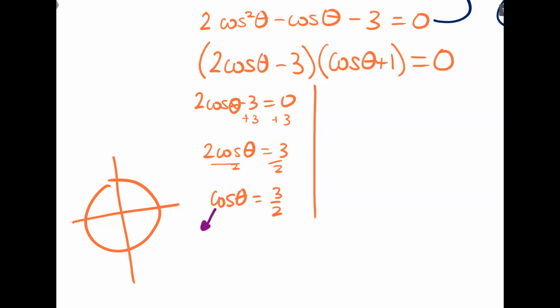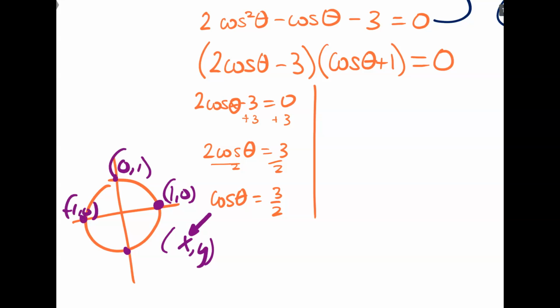Cosine is literally the x of our xy coordinate. I know this is 1, 0, 0, 1, -1, 0, 0, -1. Where is it 1.5? Where is it 3/2? Nowhere. No solution.